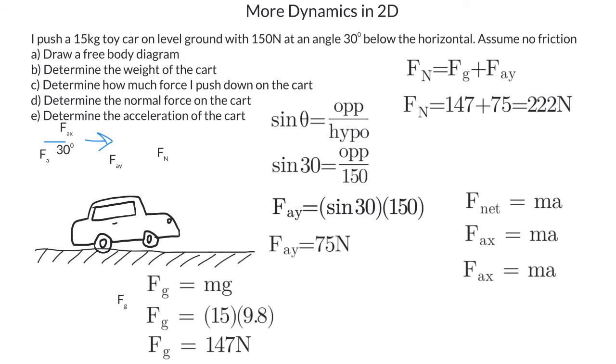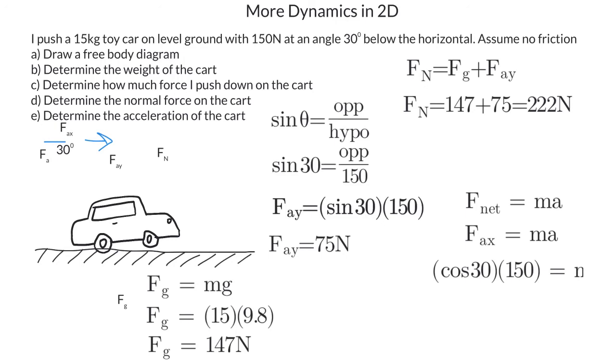Alright, so we're going to get cos 30 times 150. Oh, and I'm going off of the page here, so let me move that over. There we go.